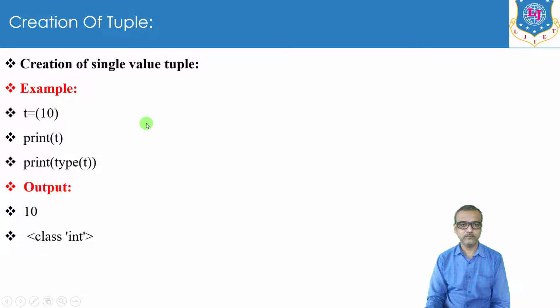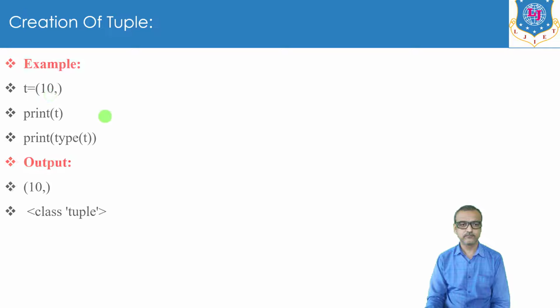So whenever we create a single value tuple, we have to take care of the comma separator after that particular element. I will make you understand this again with the help of one example. See, we have the example t equals to 10 and then we have to write this comma separator, then print of t, print of type of t. So what is the output?